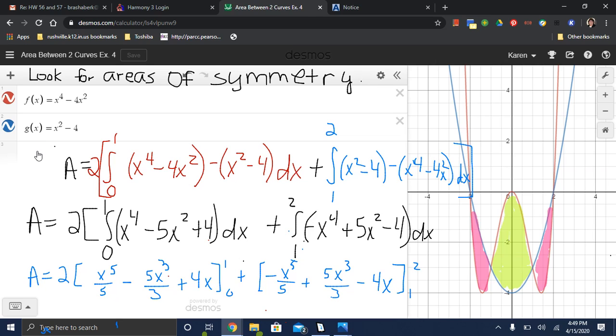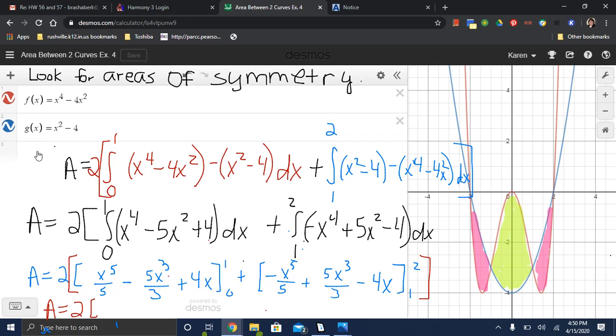So as you can see, it's nice to at least be able to do half the problem and then double it. All right, and I actually believe that I need another bracket around all of this because all of that is doubled. So now the area is going to equal 2 times, and now you have to start plugging in your values.